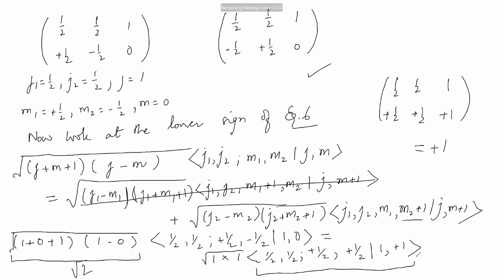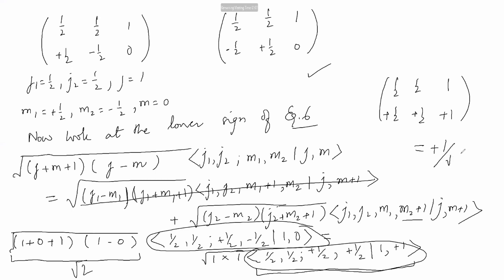How much is the right hand side? This part is 1. Root 2 on the left hand side is getting multiplied with this, so this coefficient is 1 by root 2.